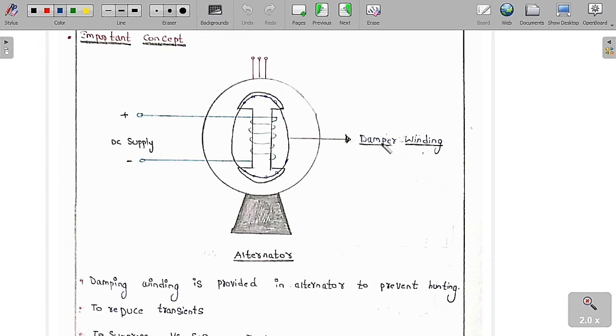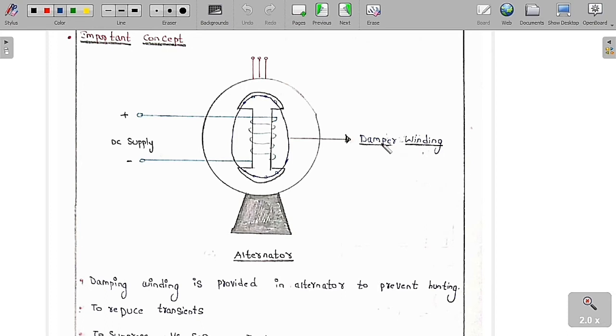So these are the two important points that you always have to remember. In the synchronous generator, it does only one function, which is preventing the hunting. Whereas in the synchronous motor, it does two functions: it provides the starting torque, and it also prevents the hunting. This is a very important point to understand the concept.